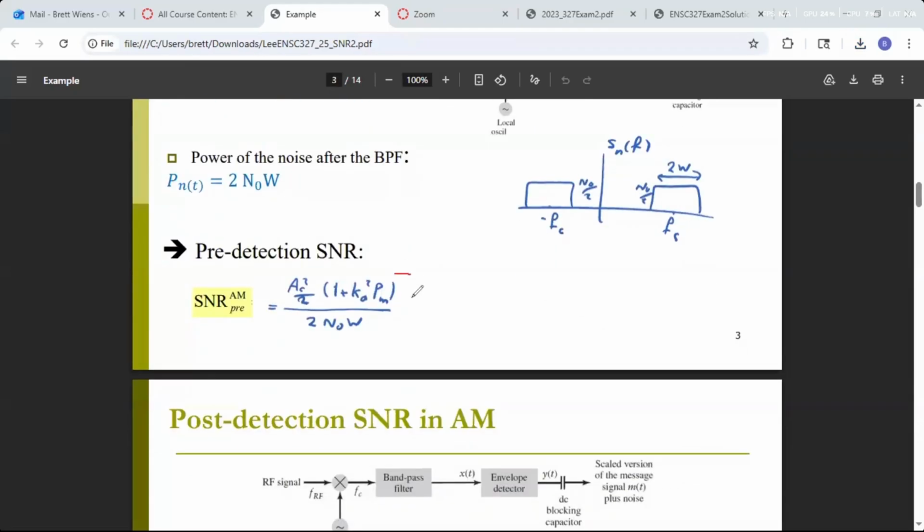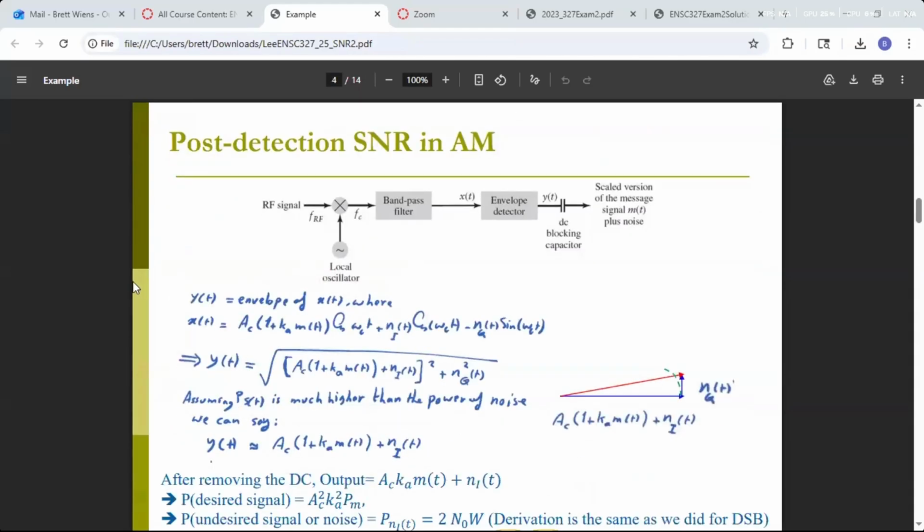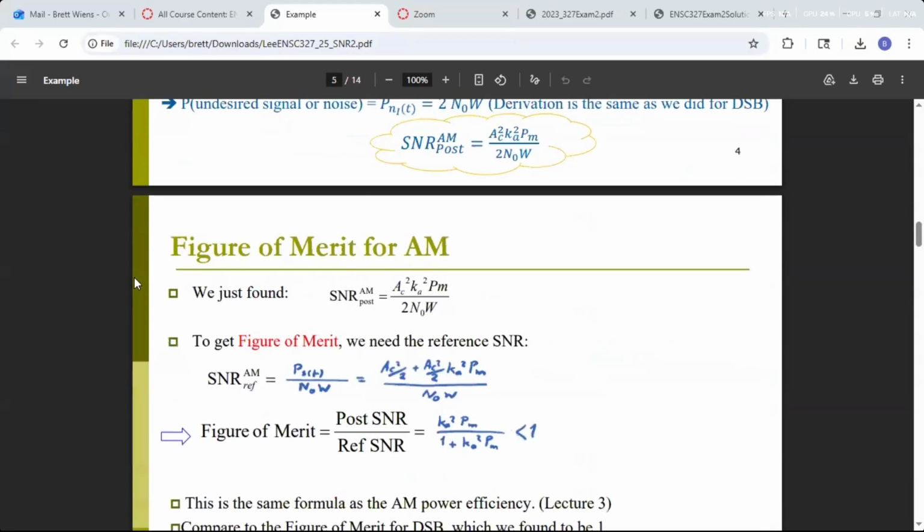So we end up with a pre-detection SNR equation here. It's very similar to what we were seeing for the DSB case, but just keep in mind all of these little factors, the two here, right? And here we have a Ka factor. There's quite a few little factors often that are different in all of these equations. So make sure you don't confuse them when you're using the different ones.